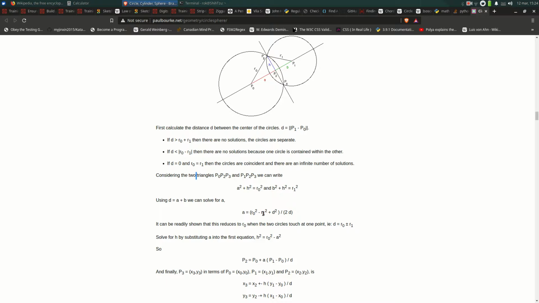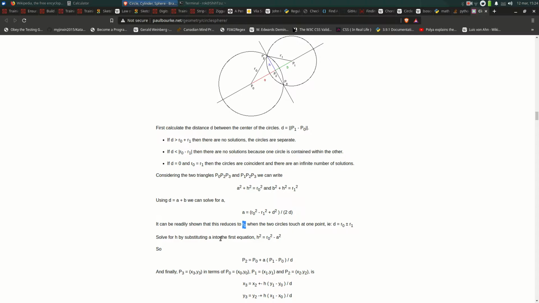Where we say R0 minus R1 plus D squared divided by D, it can be readily shown that this reduces to R0.